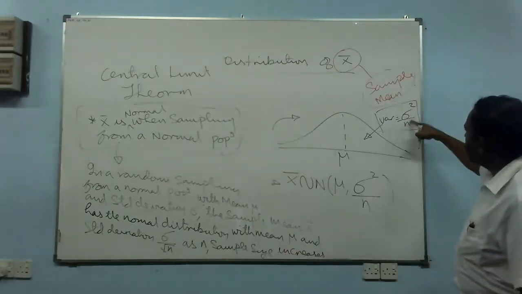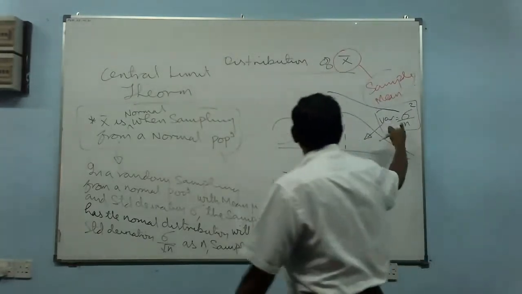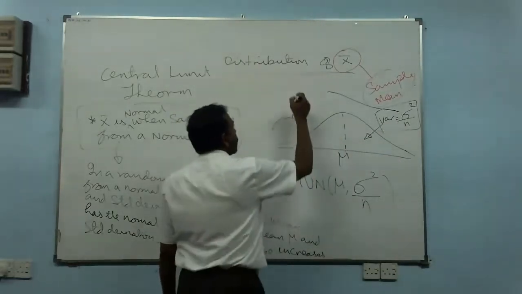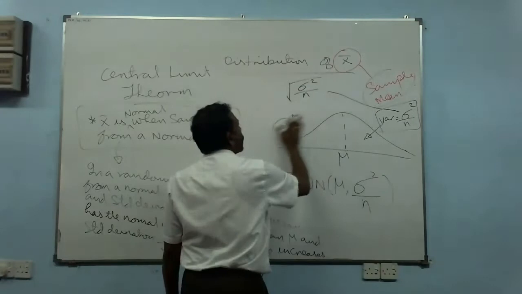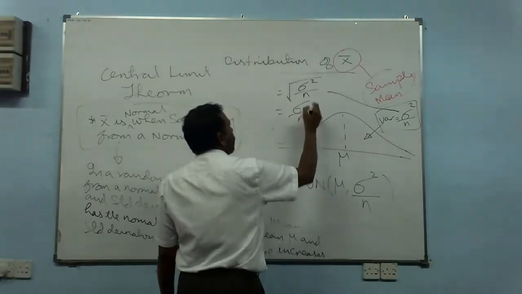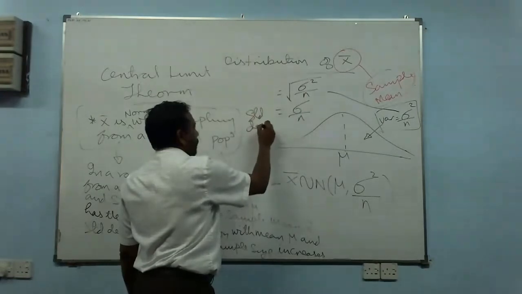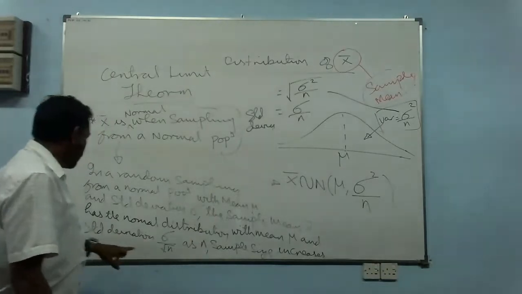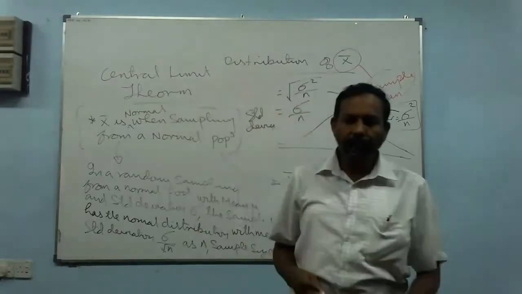If the variance is sigma square by n, the standard deviation is the square root of sigma square by n, which is sigma by square root of n. This is the standard deviation, not the variance. If you want the variance, take the square of that.